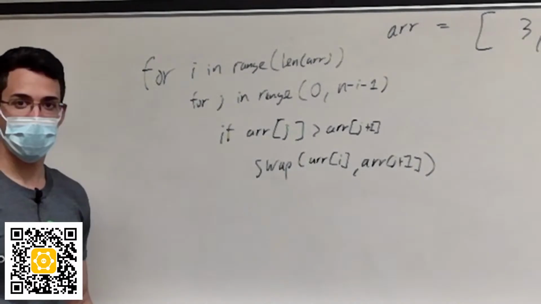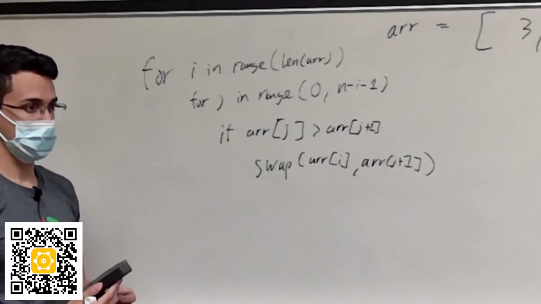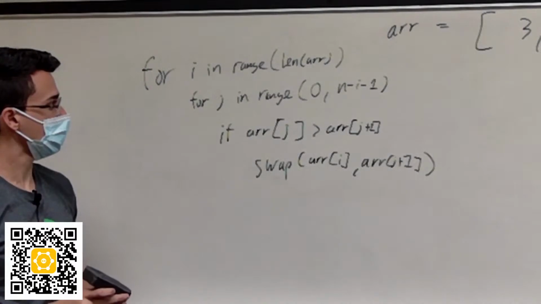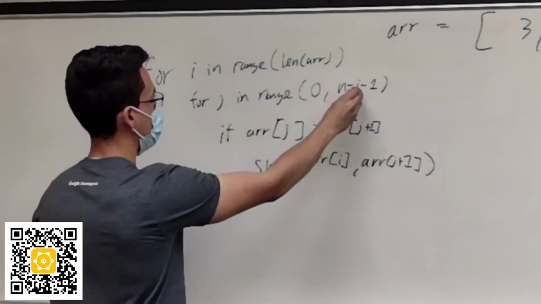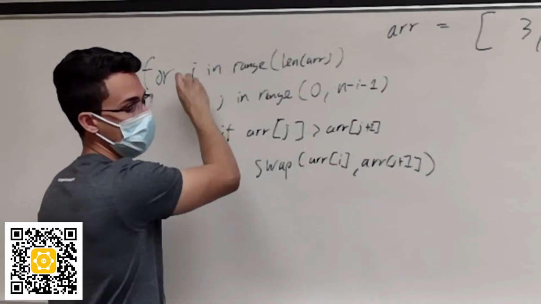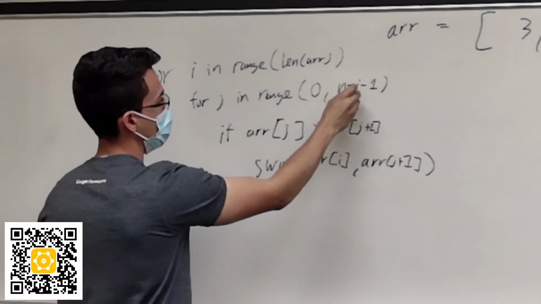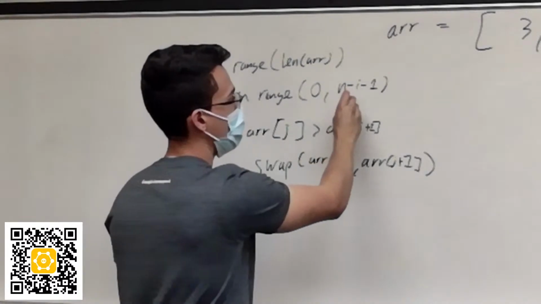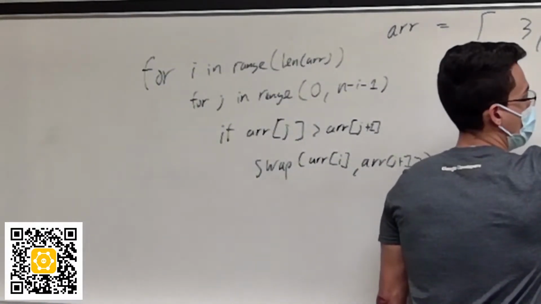Does that make sense? Sorry, I have a question. So for the inner for loop, why is it 0 to n minus i minus 1? So basically, at first this i is 0, right? Okay. So then this is going to go to n minus 0, then minus 1. So n minus 1. And the n minus 1's value is this one. Okay.